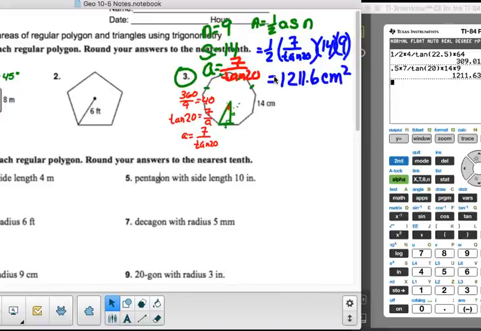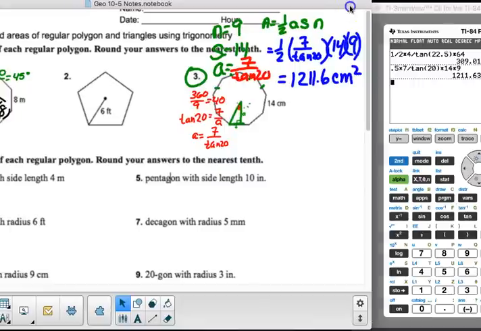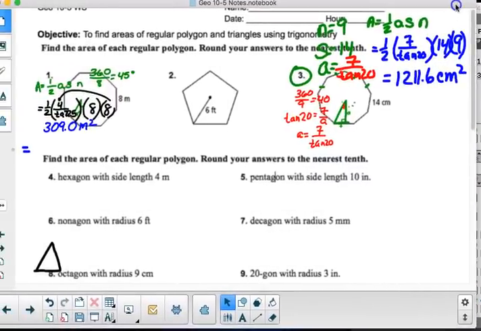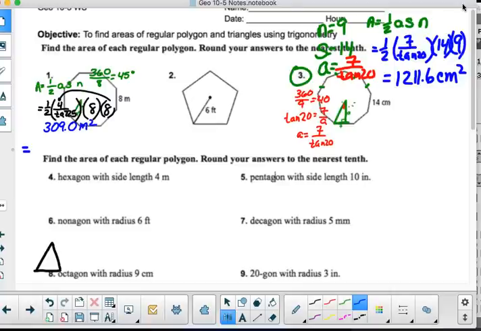Now, each time I'm given a side of a polygon, I must do the same search for the apothem. Okay? So, in a hexagon with side length 4, that means I have a half side of 2.